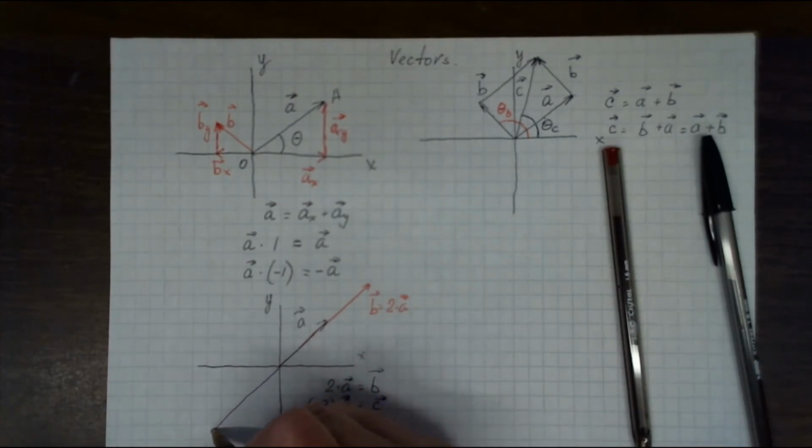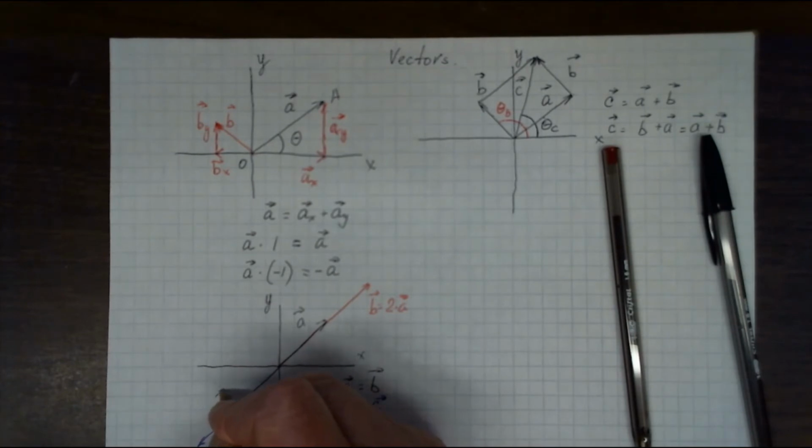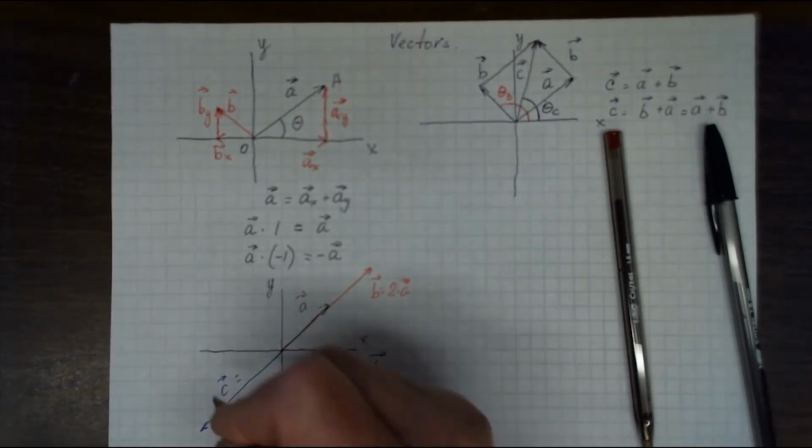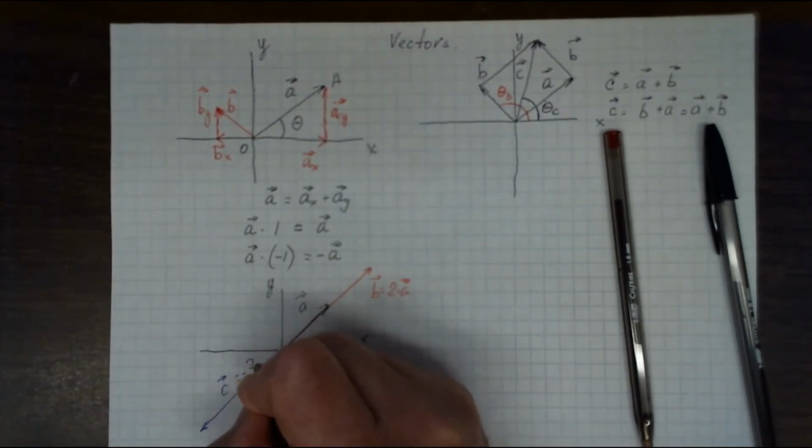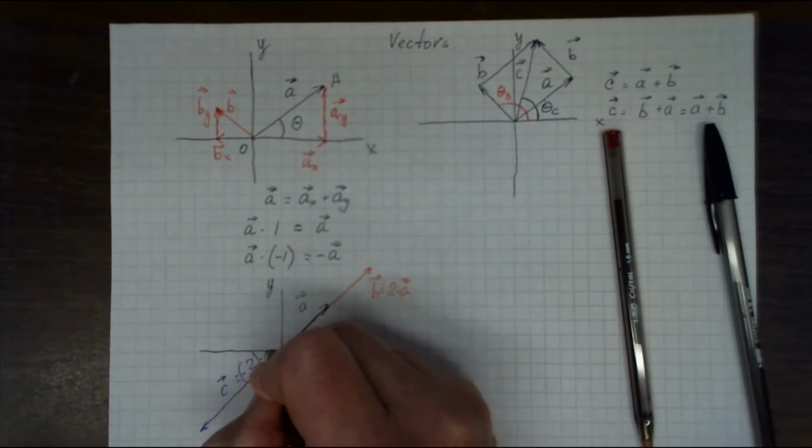I will try to do my best. Vector C, which is -2 times A.